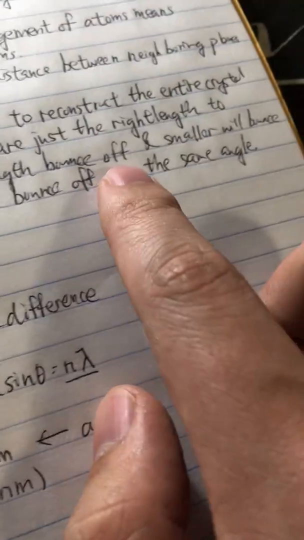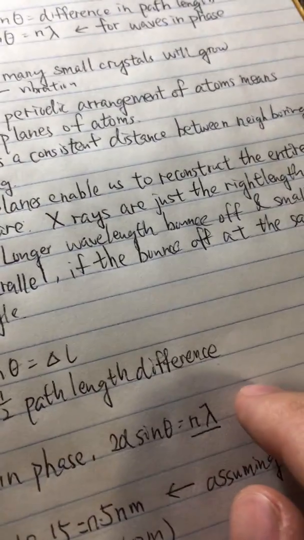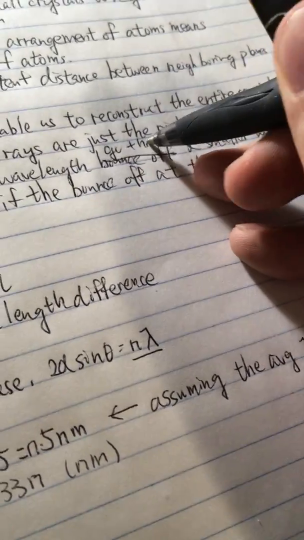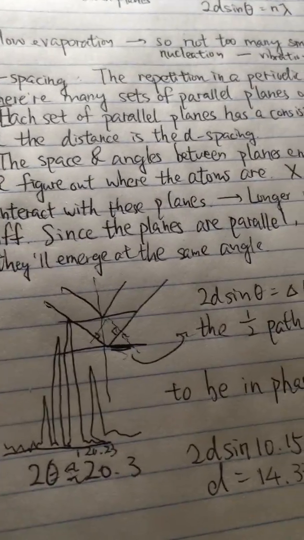Longer wavelengths go through, and smaller wavelengths bounce off. Wait, hold on, my mistake. A large wavelength will go through, and a smaller wavelength will bounce off. Since the planes are parallel, if they bounce off at the same angle, they'll emerge at the same angle.